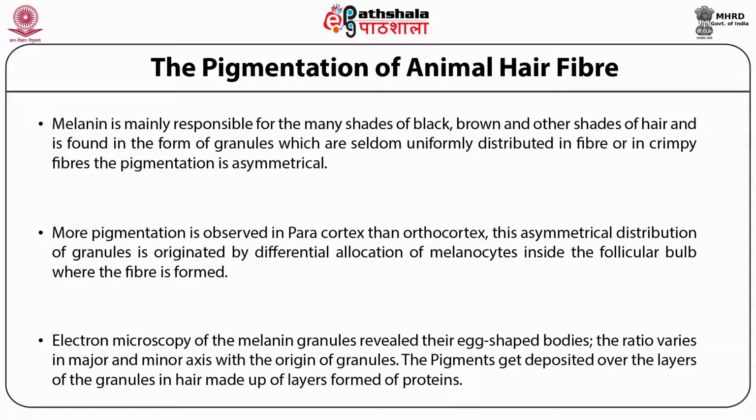Several researchers have revealed that natural melanin shows close association with metals, especially iron, and with proteins. Thus, pigmentation of hair can serve as an important parameter for differentiation of animal hair from human hair.